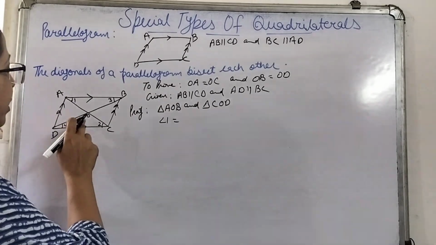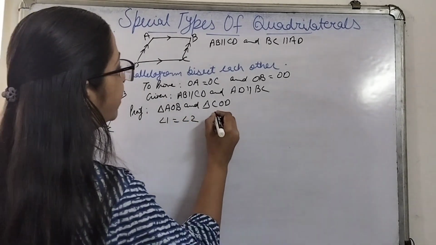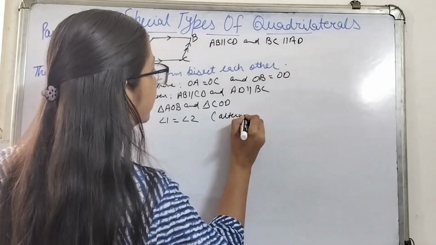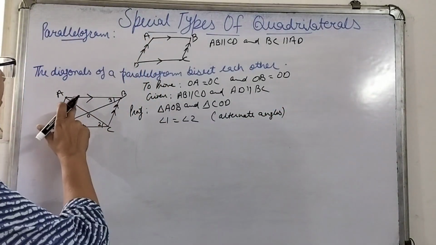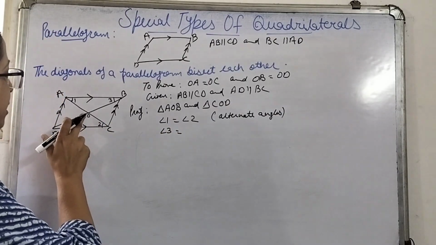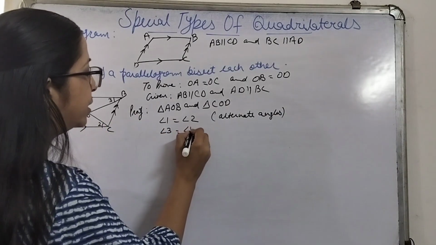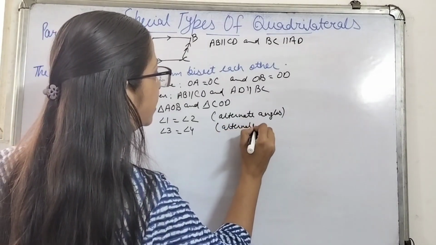In the triangle COD, angle 2 is there. So angle 1 is equivalent to angle 2 because they are alternate angles. Similarly, in the triangle AOB, there is angle 3, and in the triangle COD, there is angle 4. They are even equal because they are alternate angles.